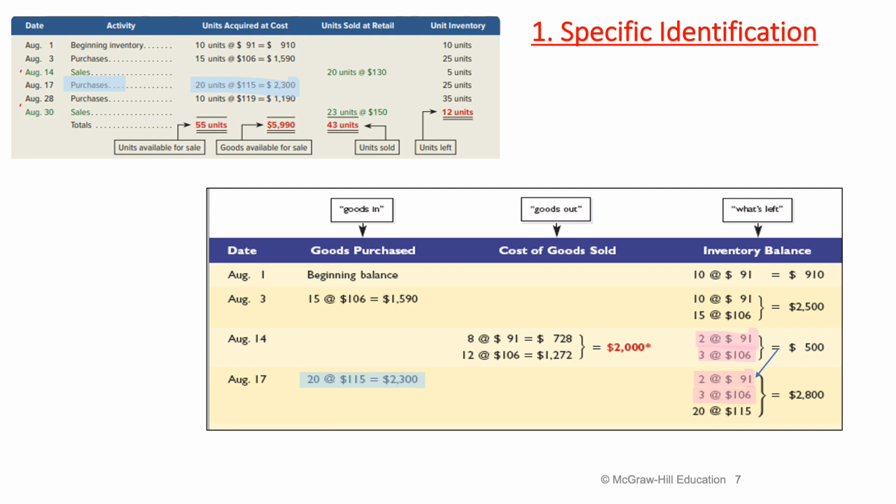So I'm going to copy the units I have from the previous transaction to the new transaction, and then I'm going to add my new purchases. Then I'm going to multiply them and take the total, and the total will be 2,800. So now we can see that the inventory is increasing. On August 14, the inventory balance was 500, but now on August 17, it's 2,800. Why? Because the company did some purchases.